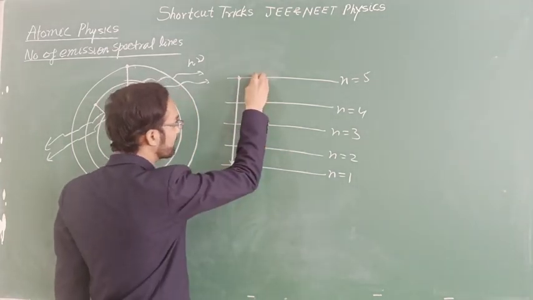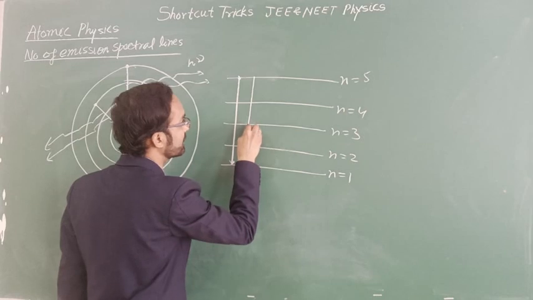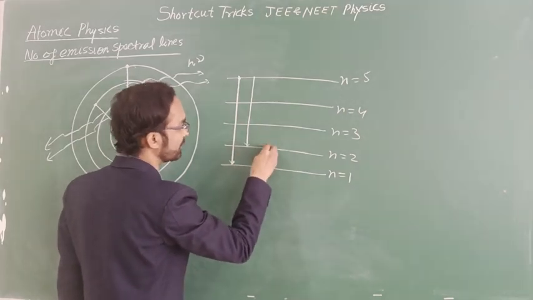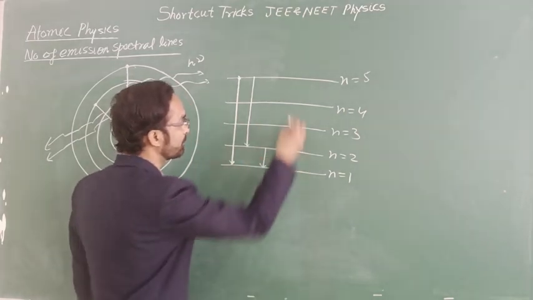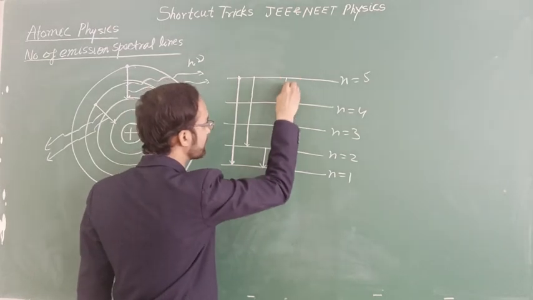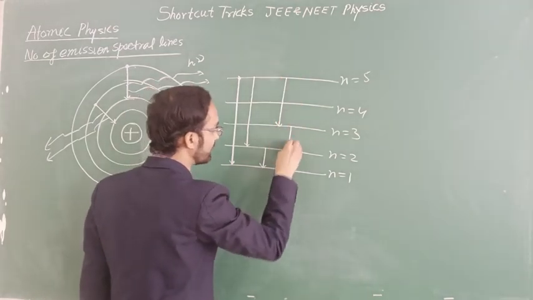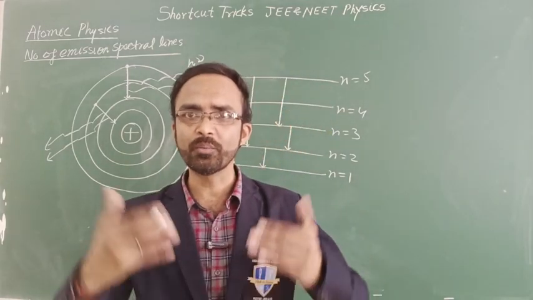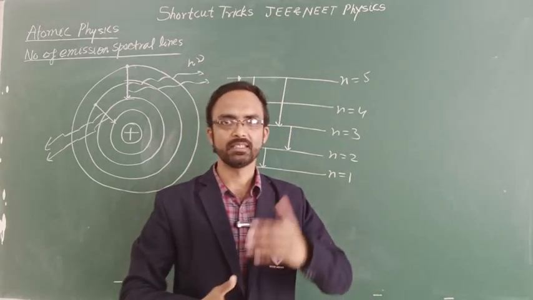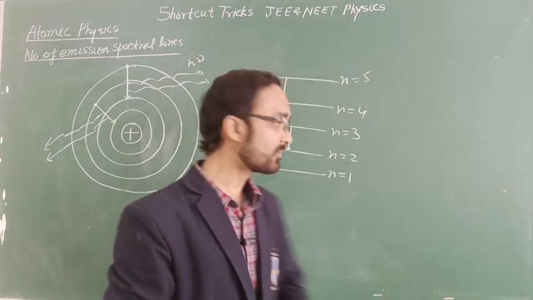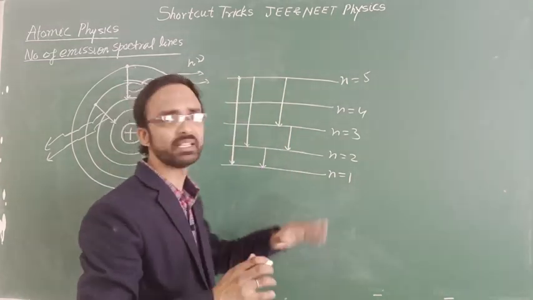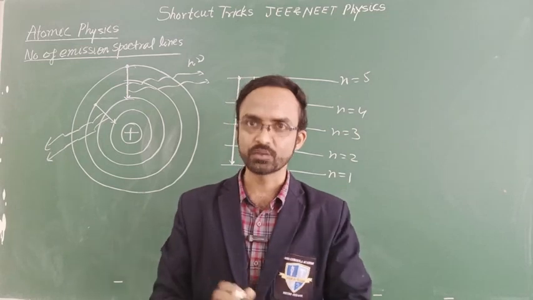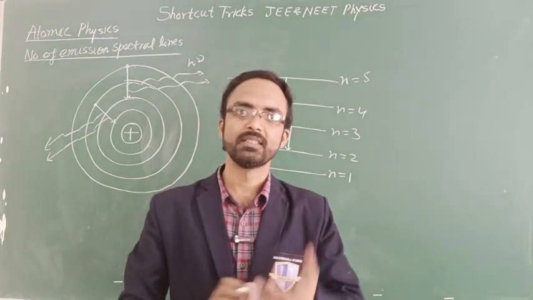Another possibility, suppose it is coming from n equals to 5 to 2, then it comes later here. Also there is a possibility it comes from here, then it comes here. So there are a lot of possibilities. So how many possible lines are emitted? If we count these lines, it will take much time. So there is a shortcut trick.